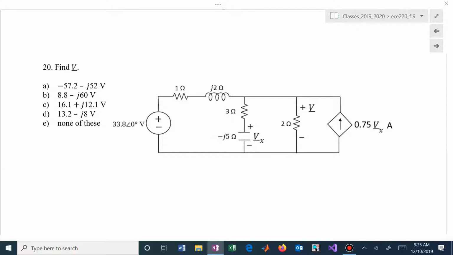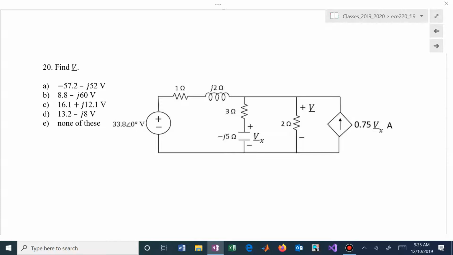What's one way? I know I'm looking now at mesh analysis, but I wouldn't recommend that in this case, because you have three meshes.